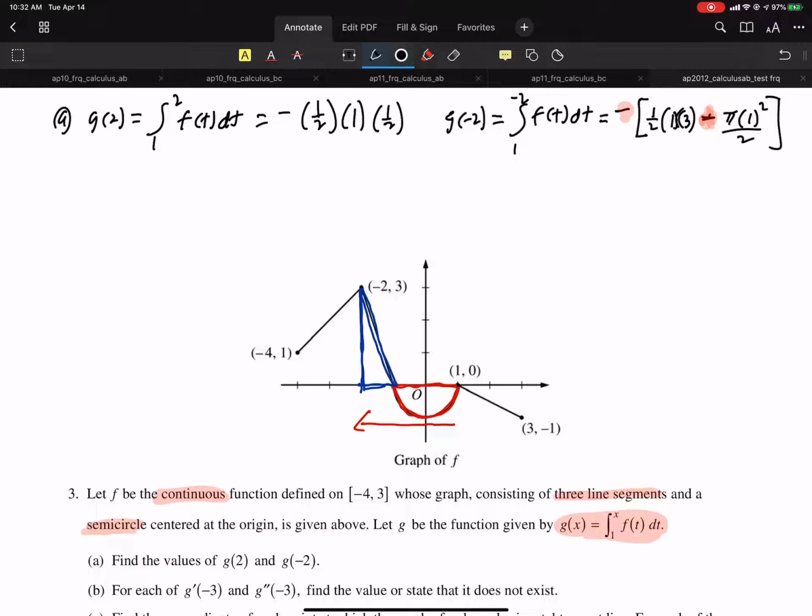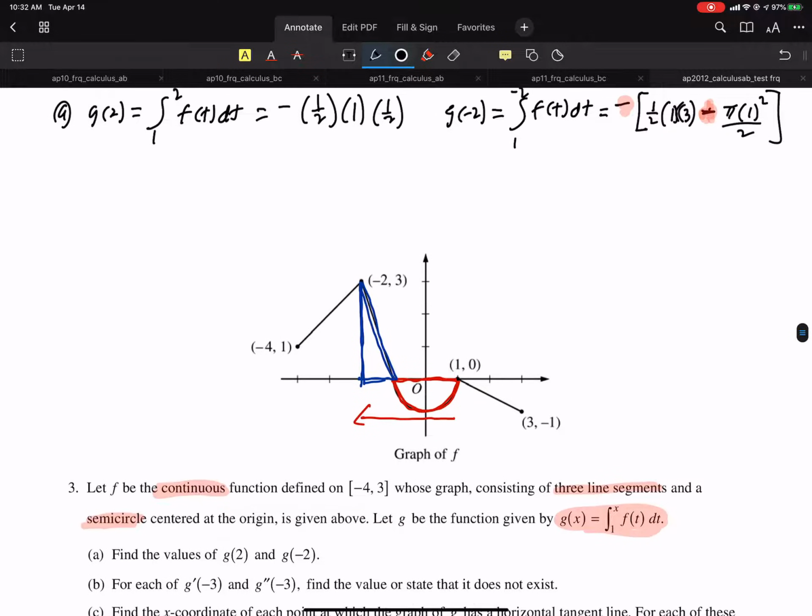Let's go to part B. They want us to find g prime at negative 3. Well, to find g prime at negative 3, I need g prime. So the first thing you should find is g prime of x.